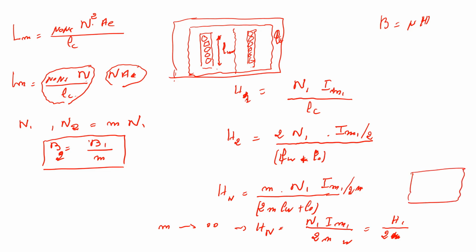So the correct equation for Hn is H1 divided by m. Now you can see that this relationship is always conserved, and the transformer will work.